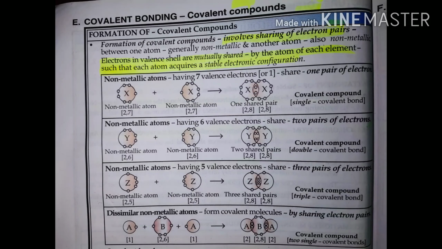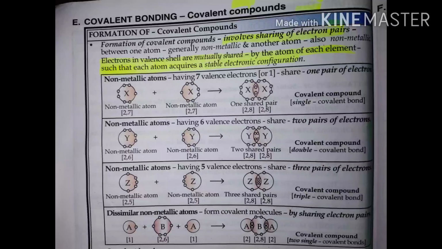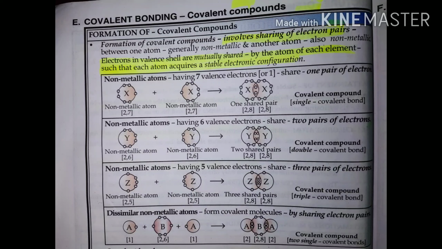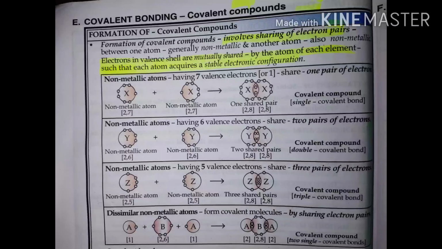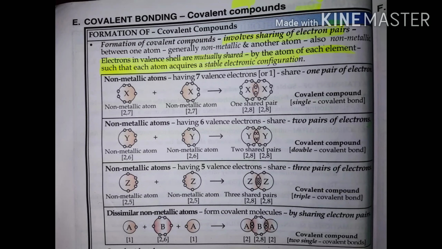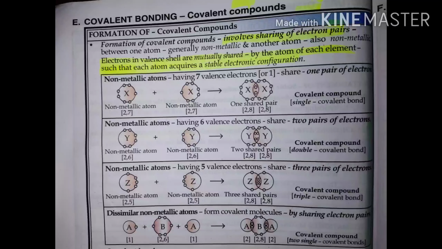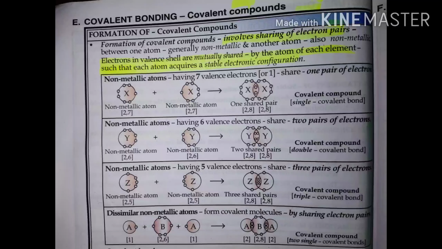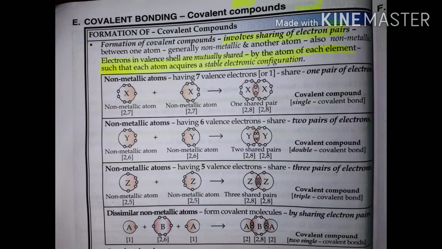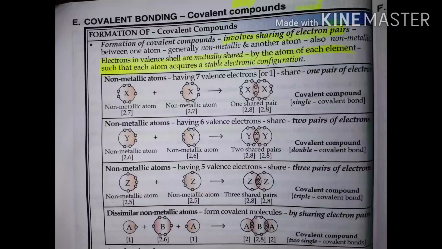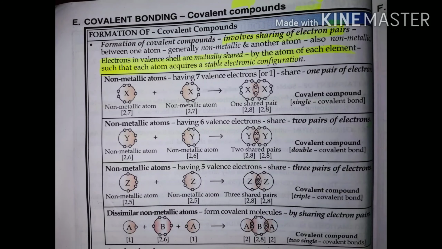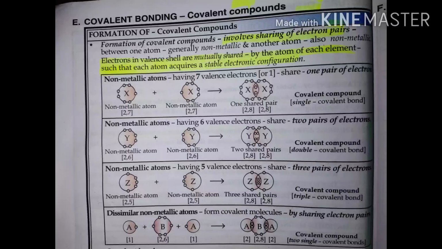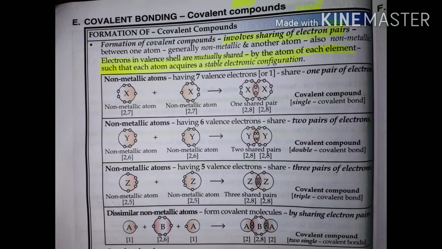Now the X on the left hand side has 7 electrons of its own, and one electron which is shared with the other. And the X atom on the right hand side also has 7 electrons of its own in the outermost shell, and one which is shared with the other.